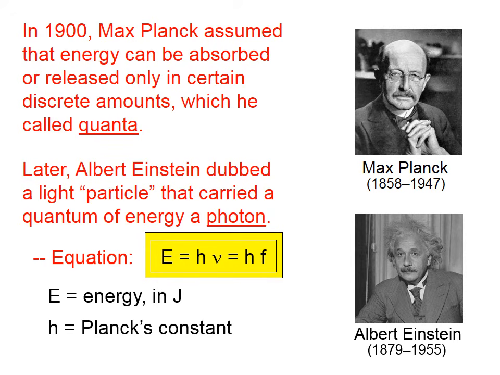That's the standard SI unit for energy. h is what's called Planck's constant, which is this number here, 6.63 times 10 to the negative 34th joules times seconds, or joules per hertz. Since a hertz is a seconds to the minus 1, joule seconds, or joules per hertz, are the same unit.